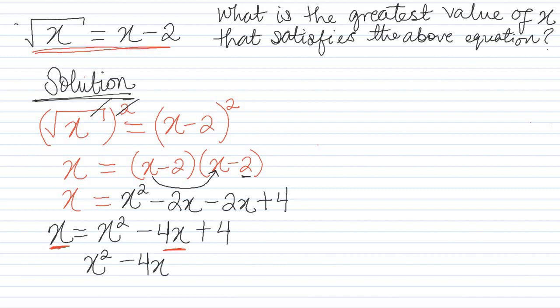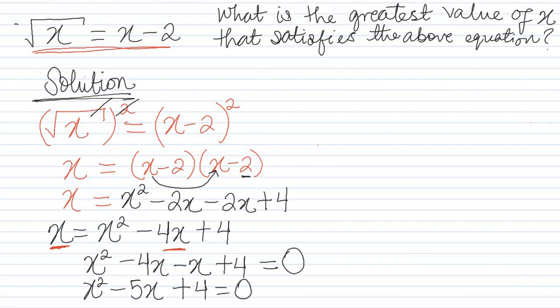We're going to subtract x from the left hand side and the right hand side of the equation. So on the right hand side we have x squared minus 4x minus x plus 4 equals x minus x, which is 0. So that would be x squared minus 5x plus 4 equals 0.